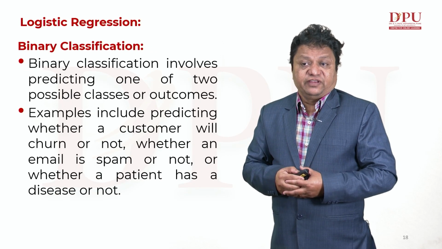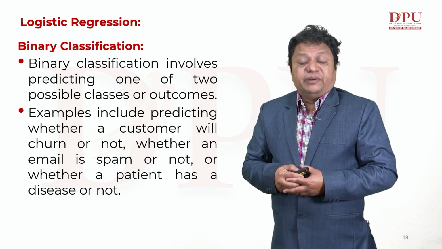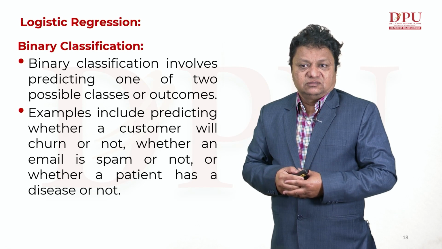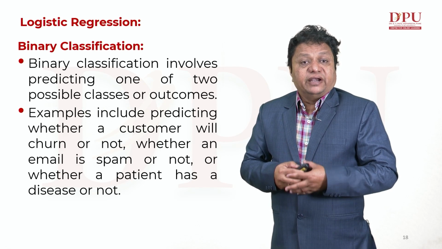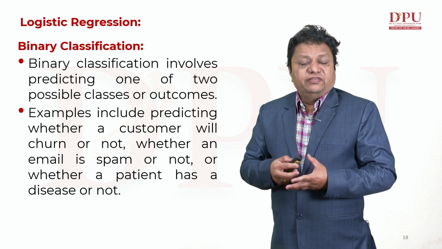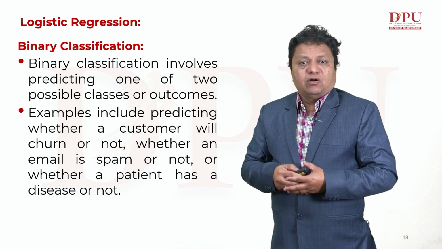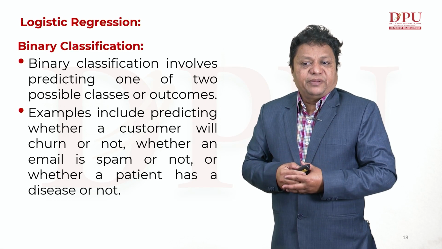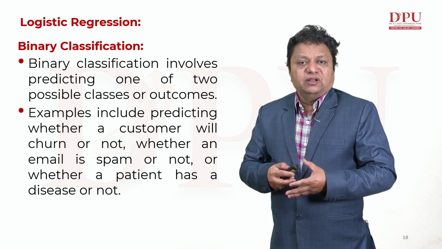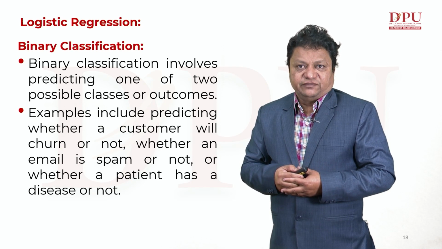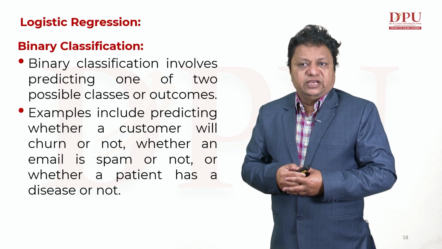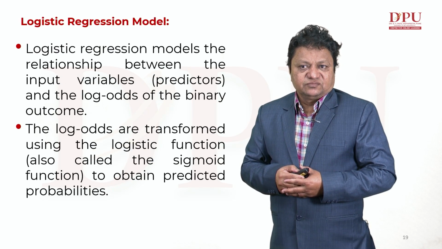That is binary classification, which involves predicting one of the two possible classes or outcomes. For example, predicting whether a customer will churn or not, whether an email is spam or not, or whether a patient has a disease or not. These are the problems of binary classification. In order to address these problems, we can use logistic regression.